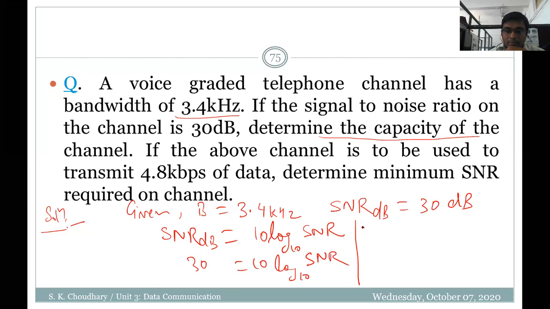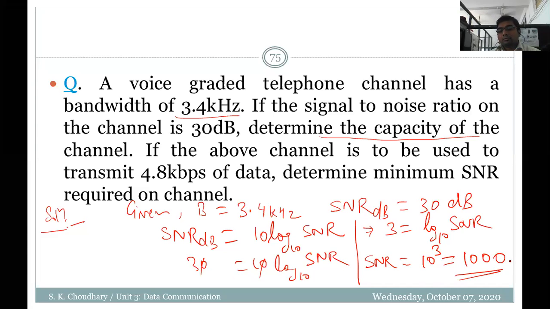That would be 3 is log base 10 SNR. So your SNR is equal to 10 raised to the power 3. That is 1000. Now you have got the linear value of the SNR. You can substitute this value in your formula of channel capacity.